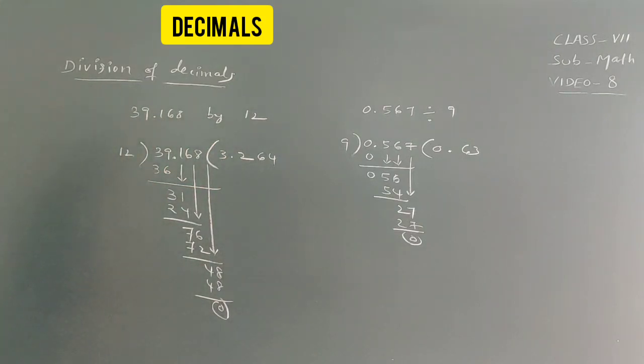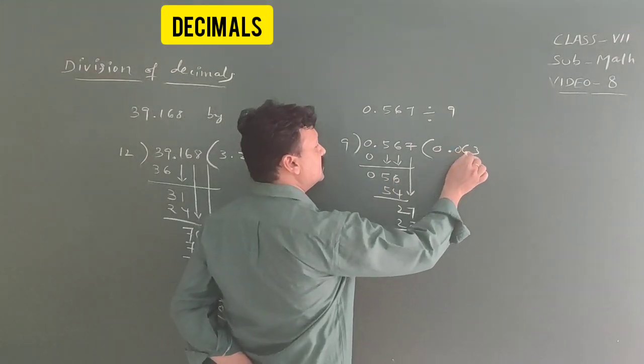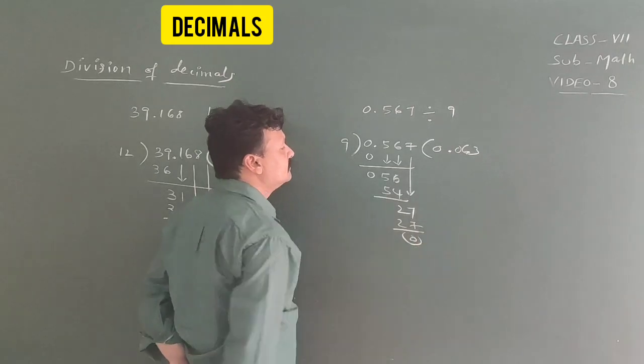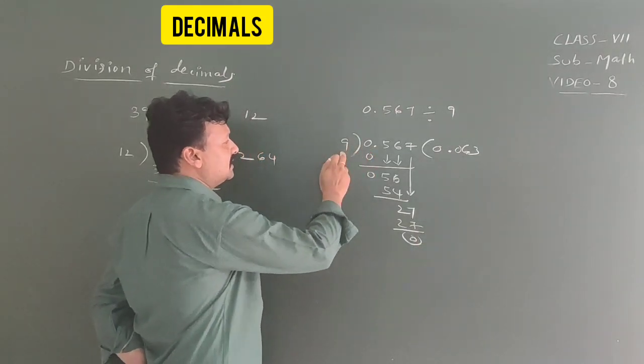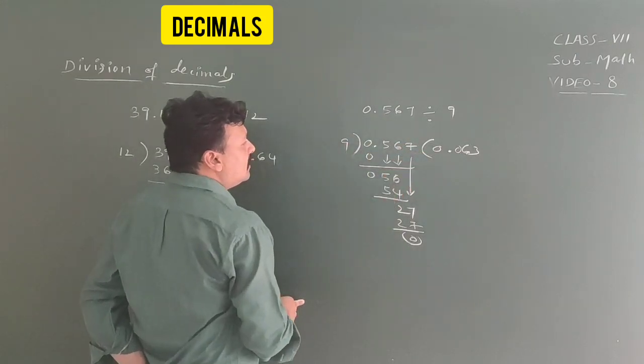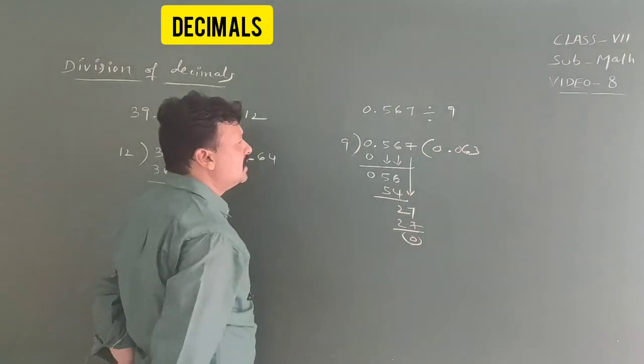We took 2 decimal places at a time. That's why we put another 0 here. Here 0 is smaller than 9, that's why 0. After the point, here also put one point.